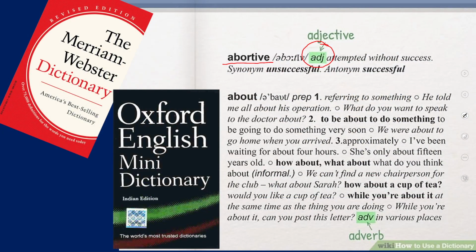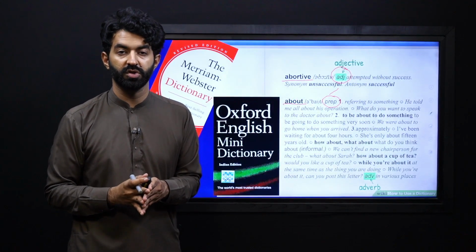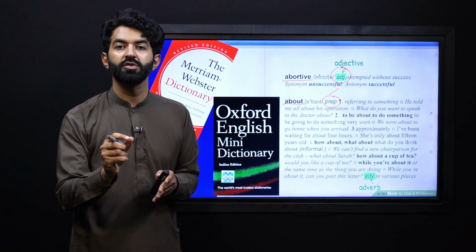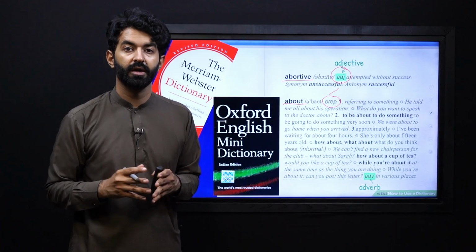So now, for example, let's look at this word about. About here is prep, which means it's a preposition. This is the abbreviation of preposition. The abbreviations are mostly taken from the first 2 or 3 letters of the part of speech word that we are talking about.